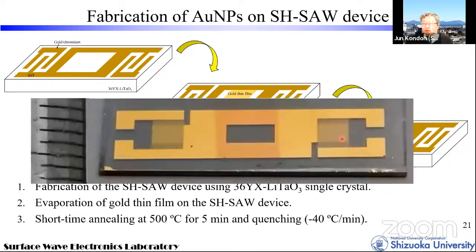And this photograph shows the actual device fabricated. This area is a gold thin film area, and the gold nanoparticles exist around here. And this part is the propagation surface of metallized area, and this area is a crystal surface of lithium tantalate directly in contact with the gold nanoparticles.